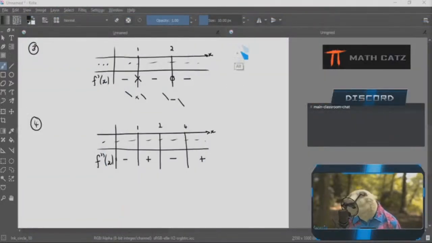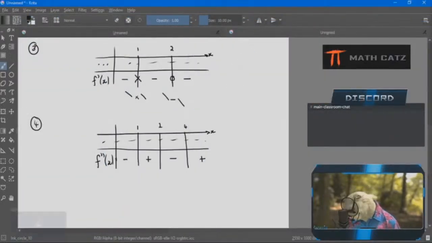All right. 1 is undefined, 2 and 4 are both 0. So it definitely helps me to make it look more familiar, to put those zeros and crosses and stuff on it, even though it's not in the question.